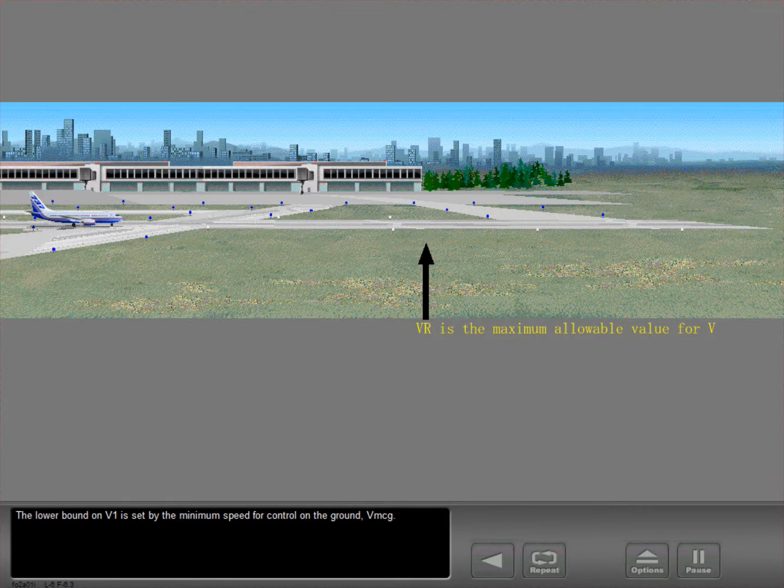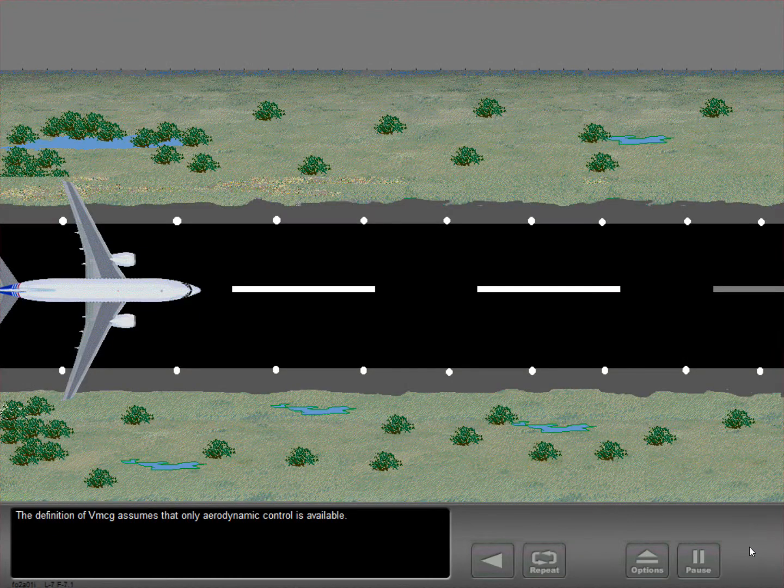The lower bound on V1 is set by the minimum speed for control on the ground, VMCG. The minimum allowable decision speed, V1 MCG, is the V1 which corresponds to an engine failure at VMCG. The definition of VMCG assumes that only aerodynamic control is available.